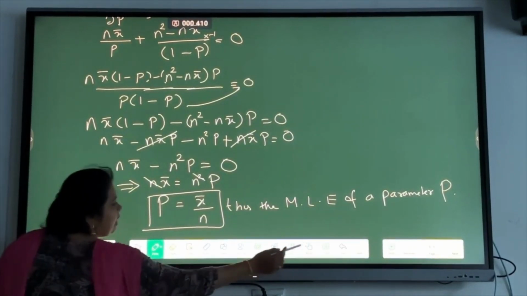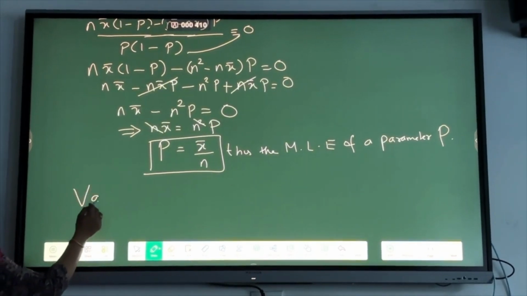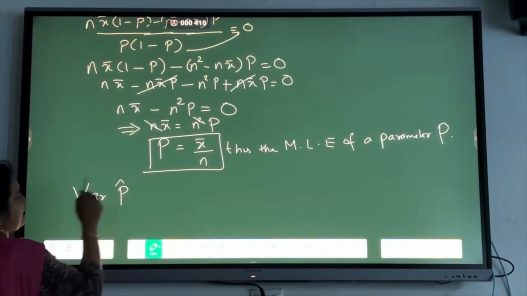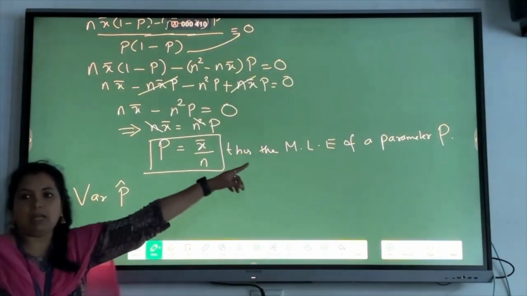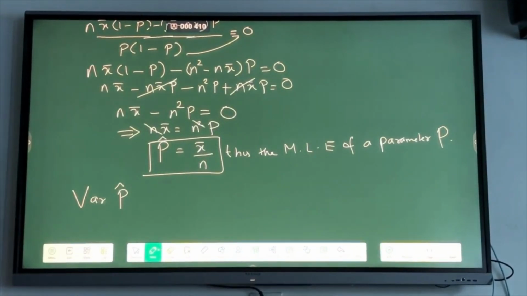Next, we have to find the variance of P cap. Whenever I write MLE, automatically this P will become P cap, same meaning only.